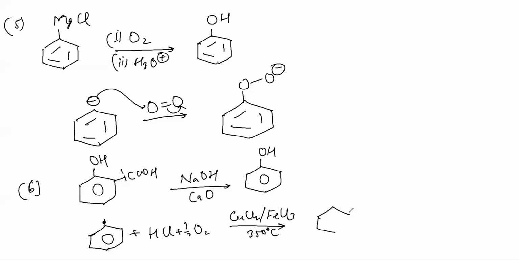If you treat benzene with HCl and oxygen, with strong heating in the presence of cupric chloride and ferric chloride catalyst, we get phenol. This is a named reaction called the Raschig process.